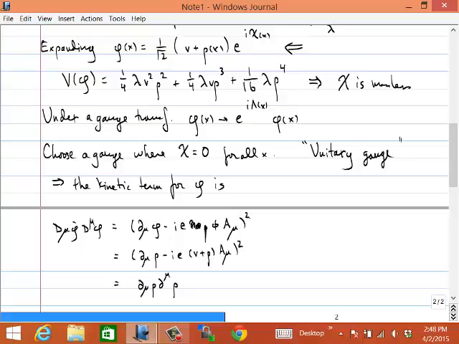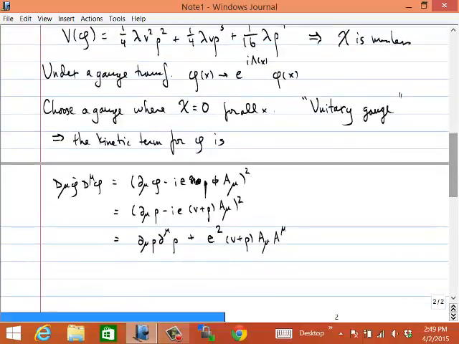Then there's a cubic term, which cancels, plus a quartic term, which is proportional to e squared times (v plus rho) A_mu A^mu.